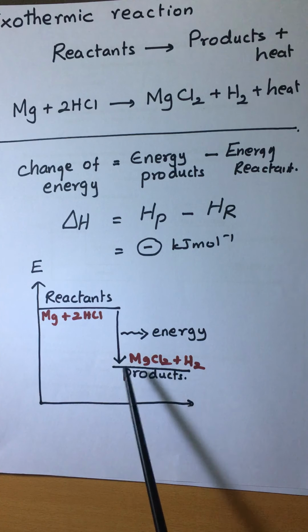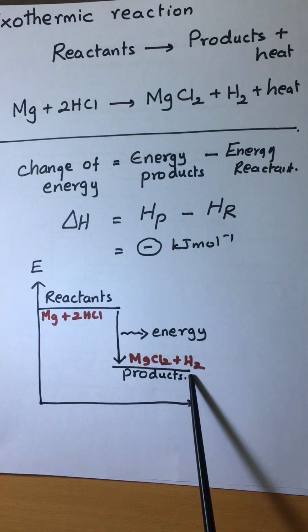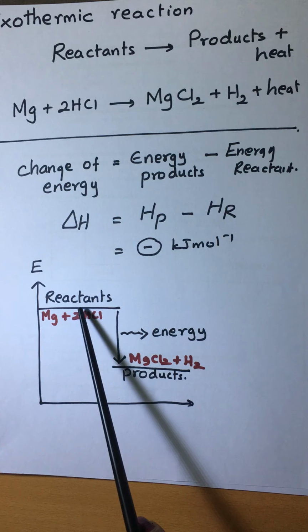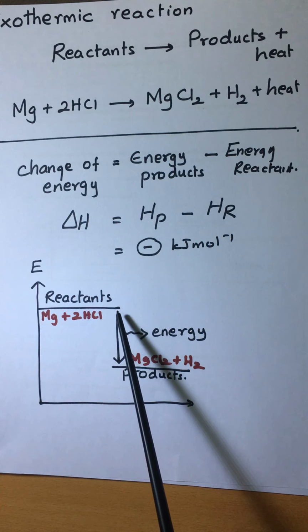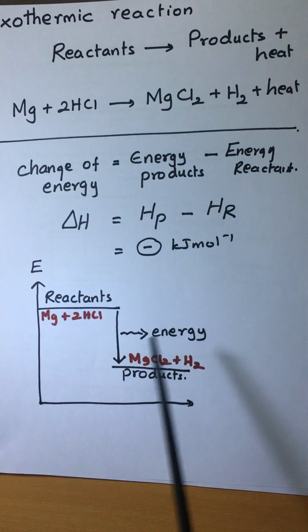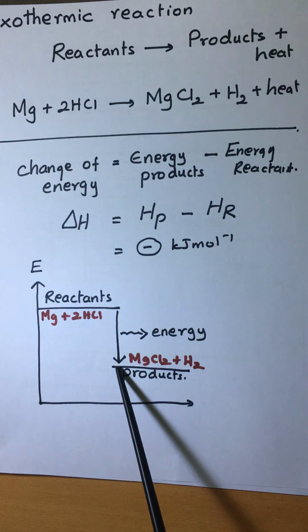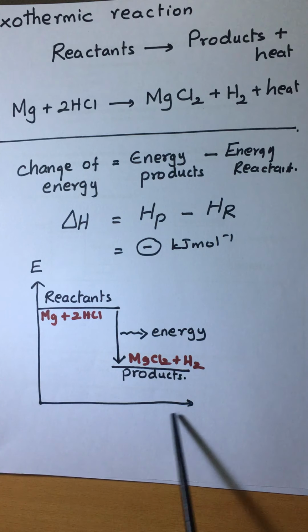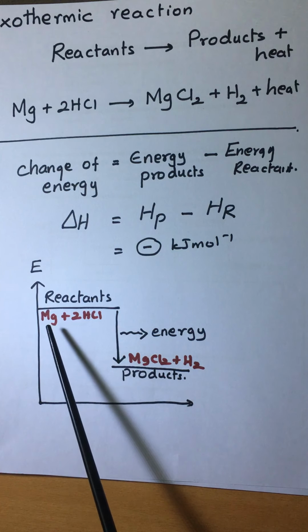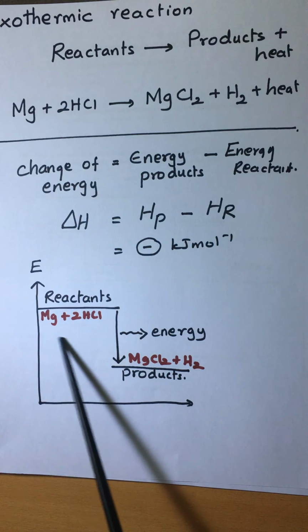After the reaction, the products form. When you consider the energy of products, it is less than the energy of reactants. So the energy is released to the environment, therefore the energy of the system decreases. Here the energy level diagram comes like this. The energy of magnesium plus hydrochloric acid, that is the reactants, is more.